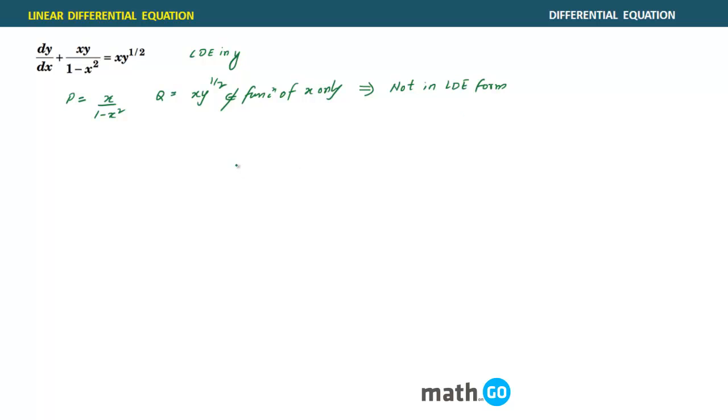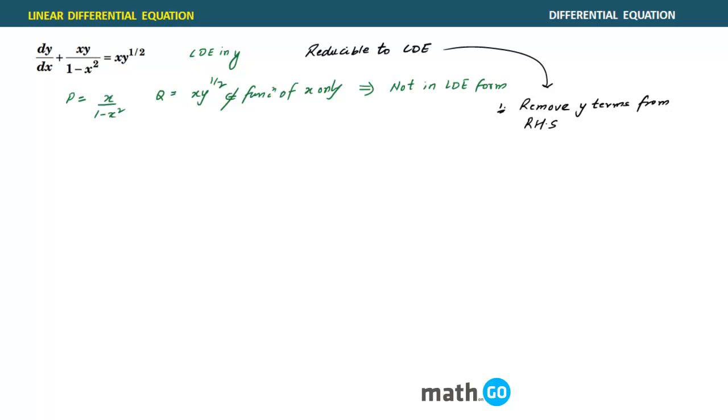That's the problem here. So this question is based on the concept which I call reducible to LD, right? So what do you mean by reducible to LD? Let's see. The first step you have to take for reducible to LD is to remove y terms from the RHS.